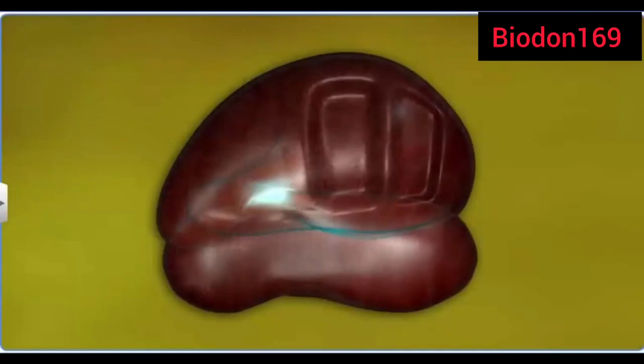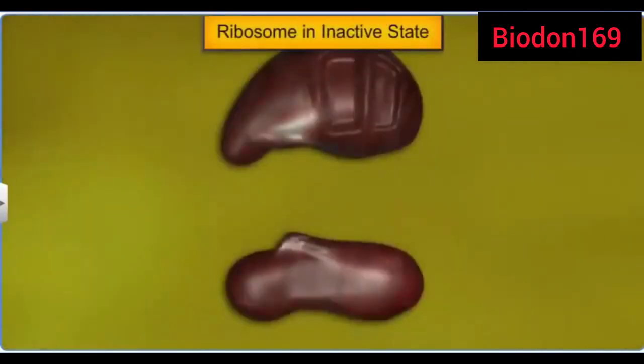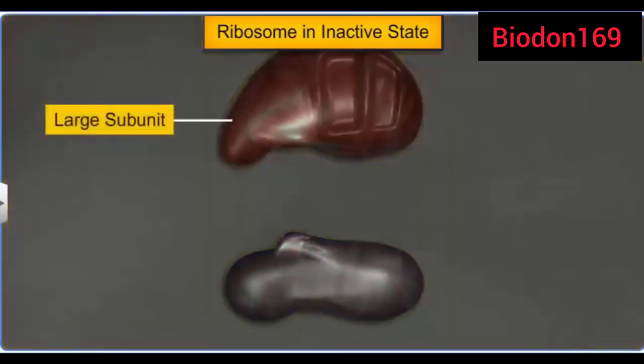Apart from tRNA, a ribosome is another component required for translation. It is made up of structural RNAs and about 80 different proteins. In the inactive state, a ribosome consists of two subunits, a large subunit and a small subunit.